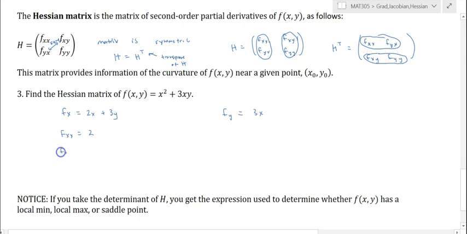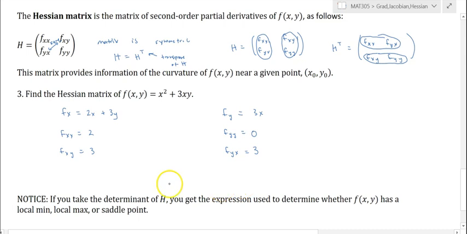And now let's take fxy, which is the derivative with respect to y, which will give us 3. For fy, let's compute the derivative of that with respect to y, which is just 0. And let's compute the derivative with respect to x, which is 3.